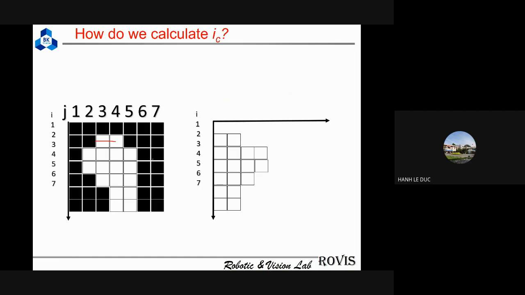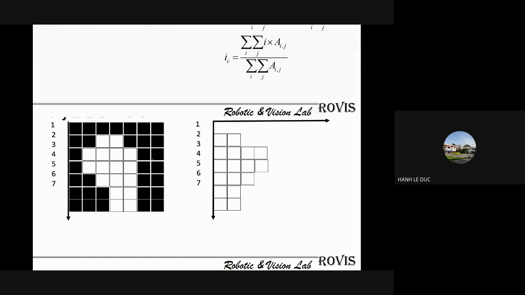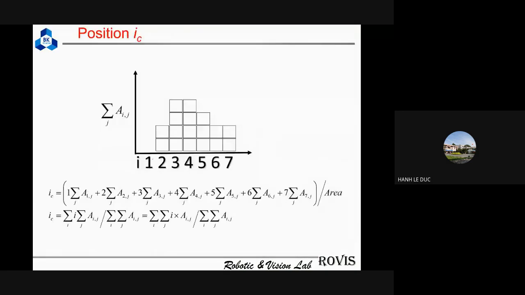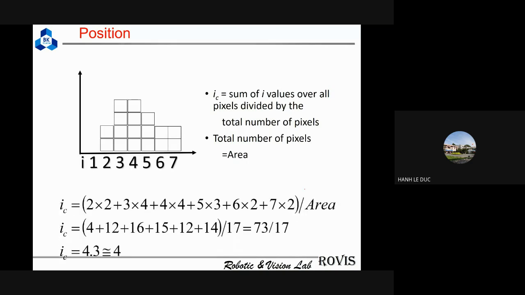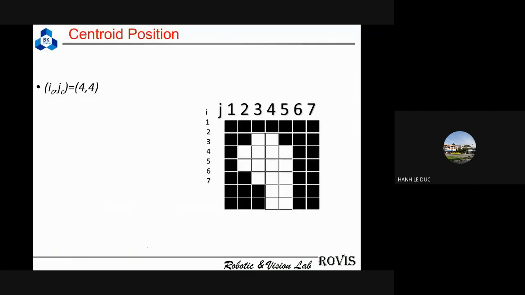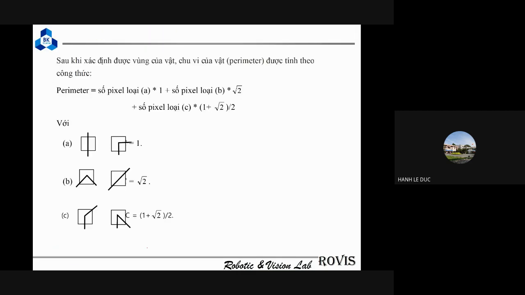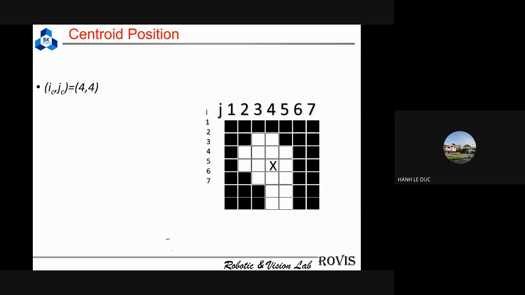Then we do the mathematics again, just multiply: 1 multiply 0, 2 multiply 2, 3 multiply 4. Then you have the IC here, which is also 4.3, so it's 4. So the central X of it is 4 like this.